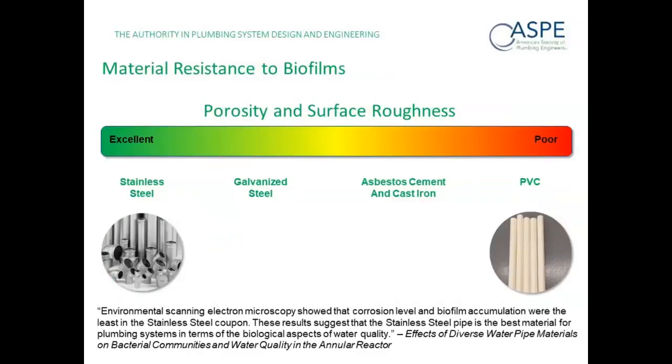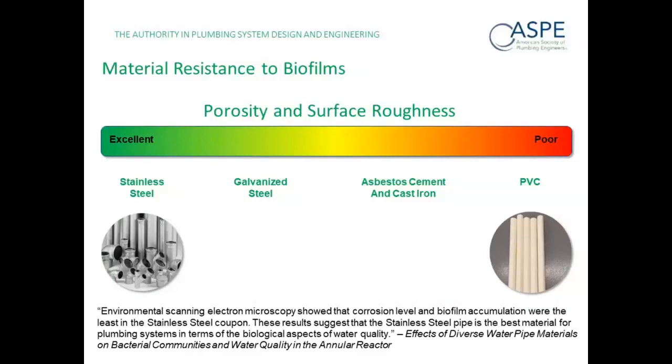So one of the things we've looked at with stainless steel systems is the resistance to biofilm formation. Contrary to where my head was at with this, PVC rates very poorly in terms of biofilm formation because although it has a very, very low coefficient of friction, it is a very porous material, and you can kind of see how these things are rated.